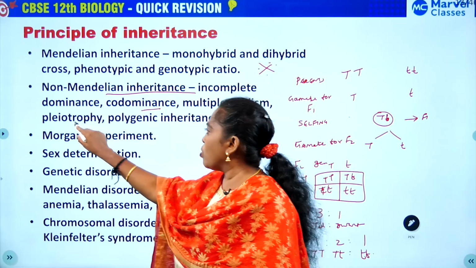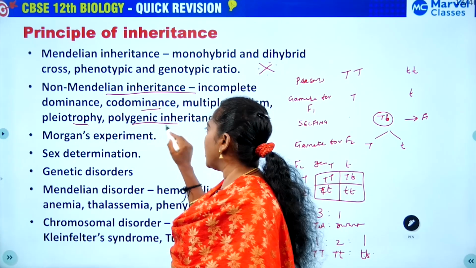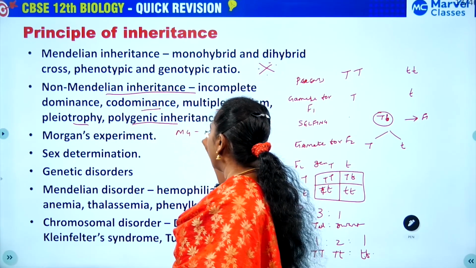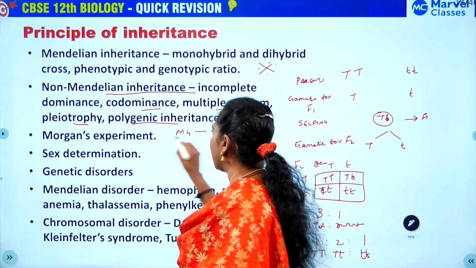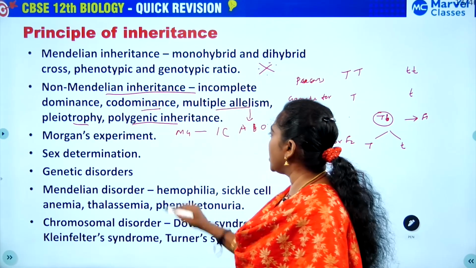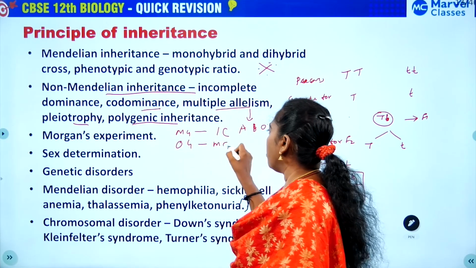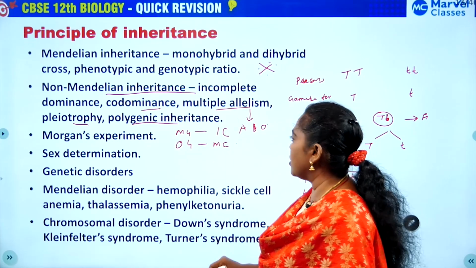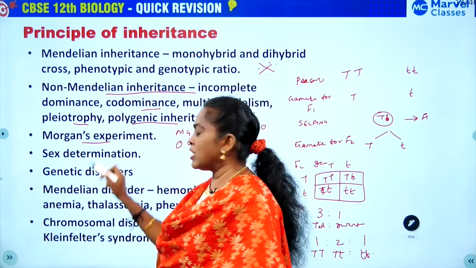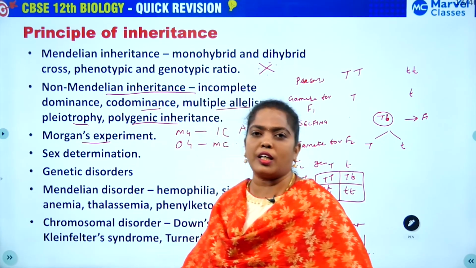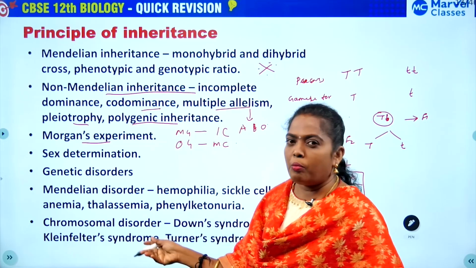Then pleiotropy and polygenic inheritance. Polygenic means many genes responsible for one character. Pleiotropy is just opposite to this: one gene responsible for many characters. So like that you can explain. And then Morgan's experiment, Thomas Hunt Morgan, he did with Drosophila melanogaster.